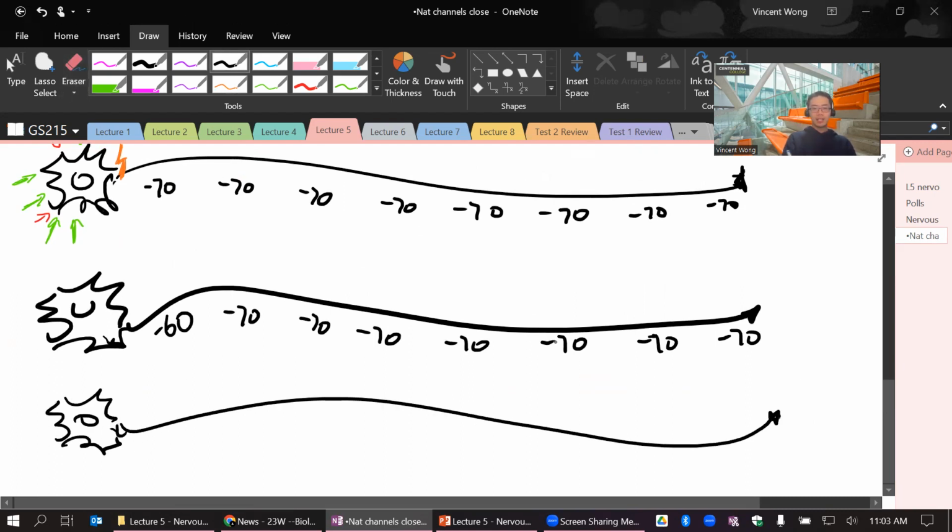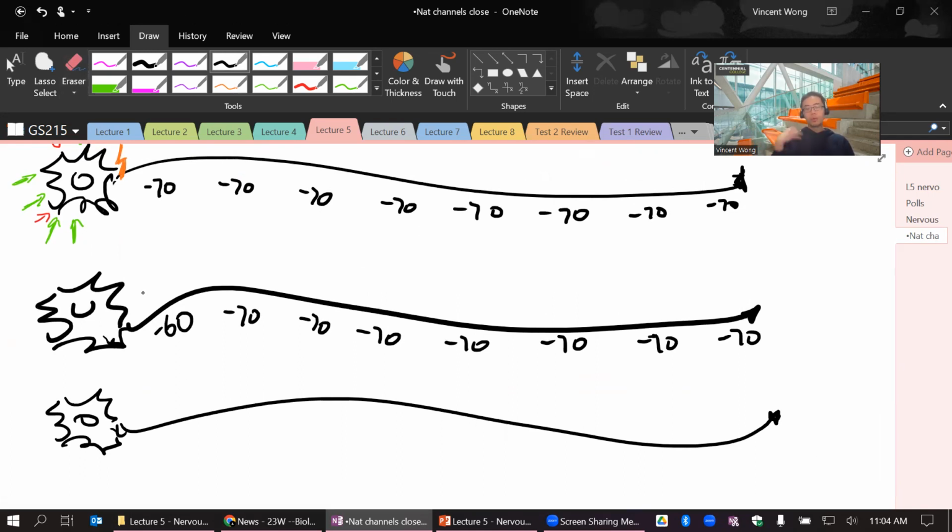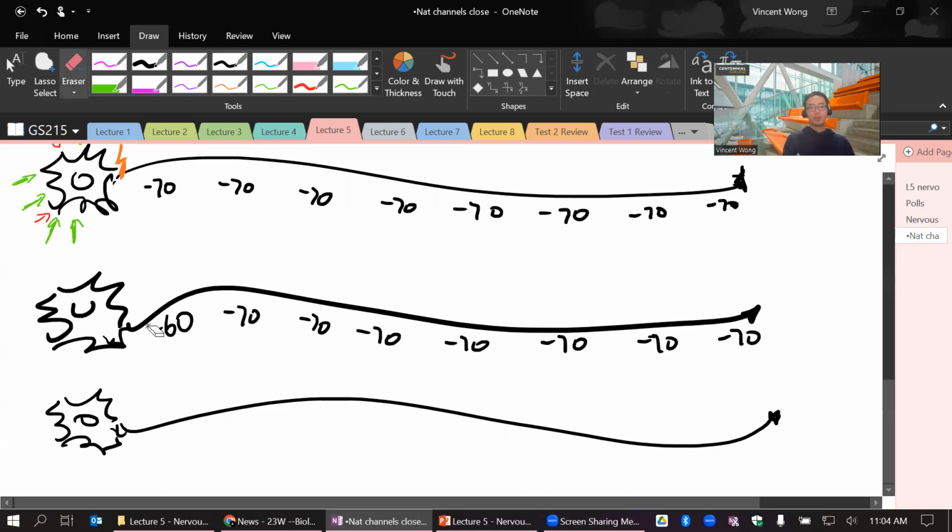What happens next is, because we've crossed the threshold, the sodium channels will open. When the sodium channels open, we will experience depolarization. It will cause this portion to become positive 30. Okay.